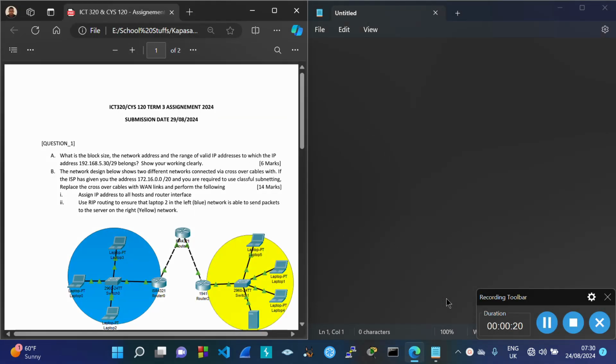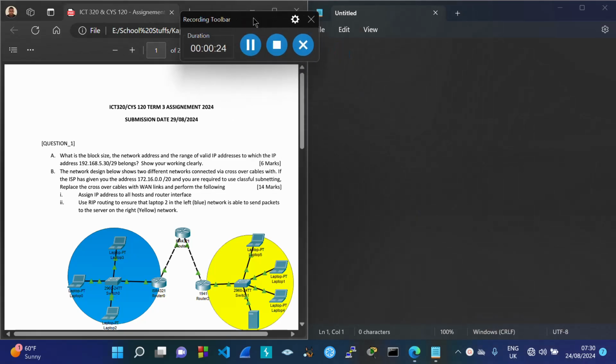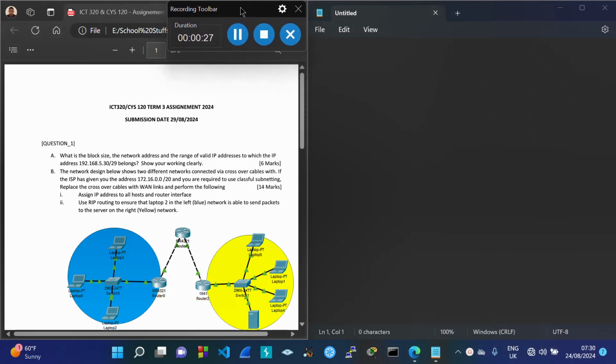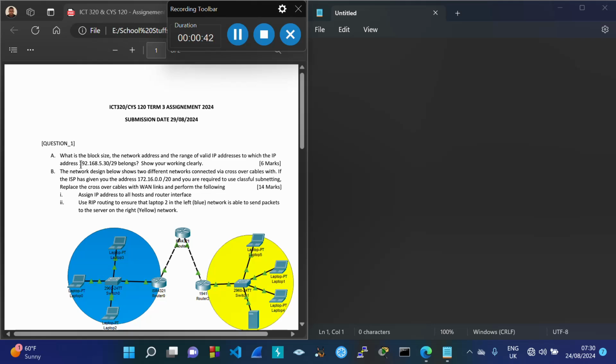In the first part, as you can see, it's asking what is the block size, the network address, and the range of valid IP addresses to which this IP address belongs.